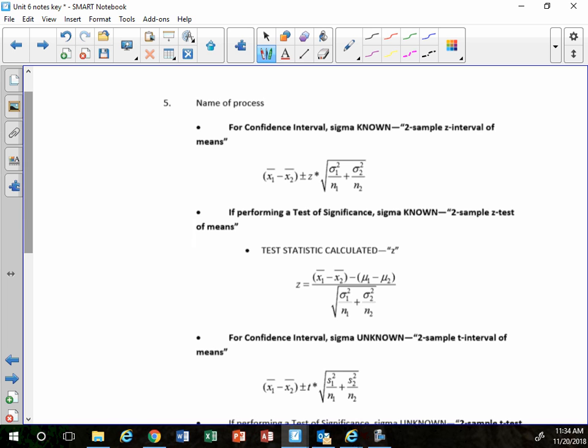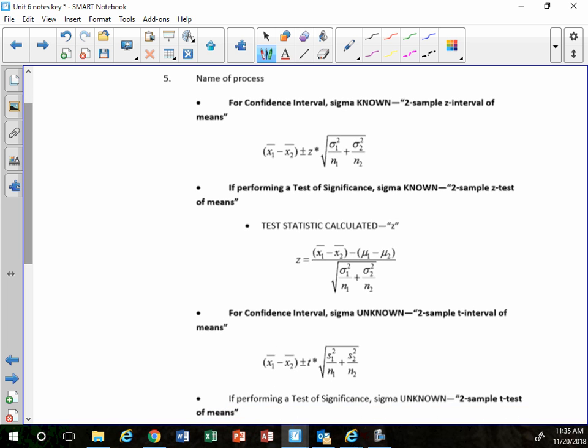All right, and now we have all these different processes, our confidence intervals and our hypothesis tests. So what we were doing before was one population. When we did a confidence interval, that was called a one sample Z interval for means.